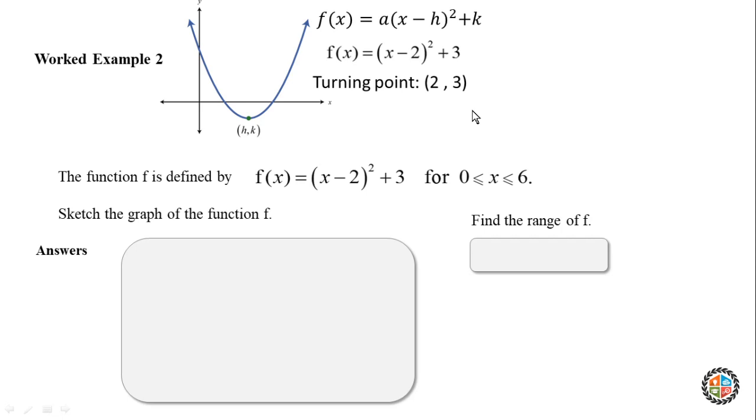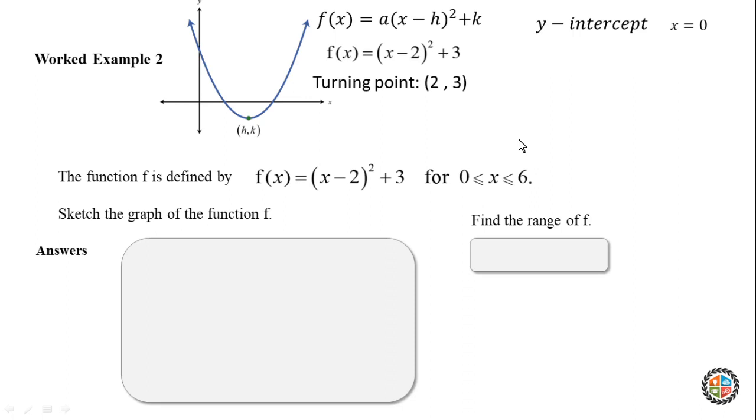So, our turning point has x value 2 and y value 3. Now, to find the y-intercept, you make x equal to 0. I repeat, if we are looking for the y-intercept in any form of function, let us make x equal to 0.